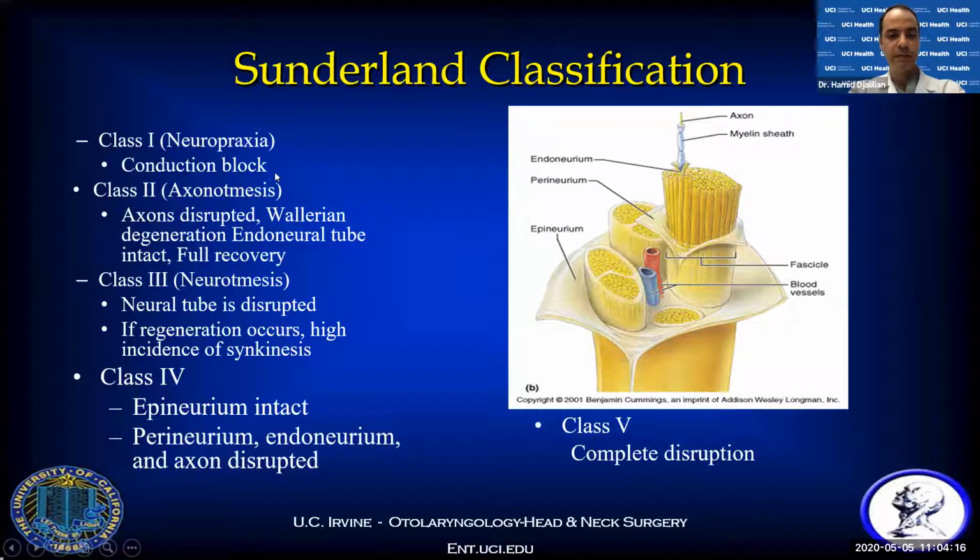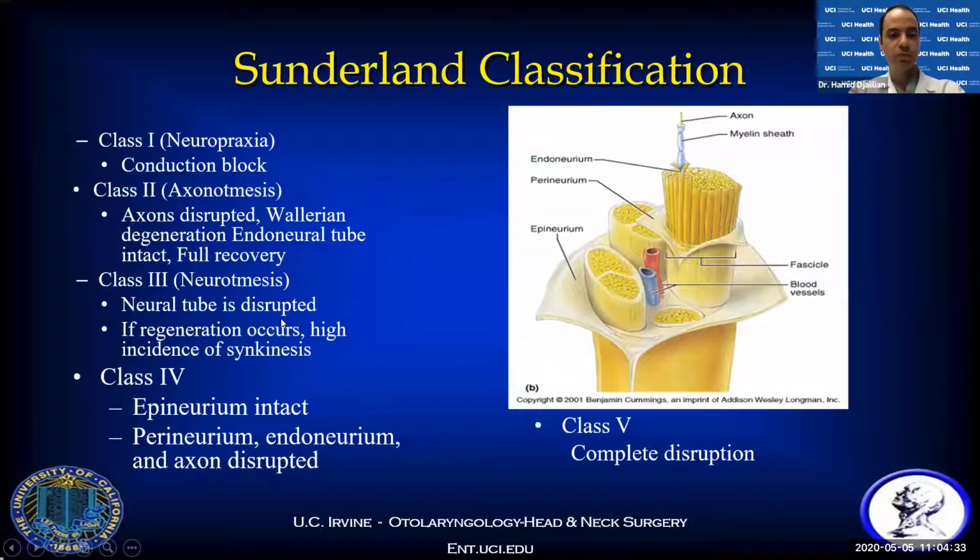But then that's obviously something that resolves very quickly. Axonotmesis means that the axons are disrupted. However, the sheaths are not, and therefore, again, these will have full recovery because the axons will just grow back.